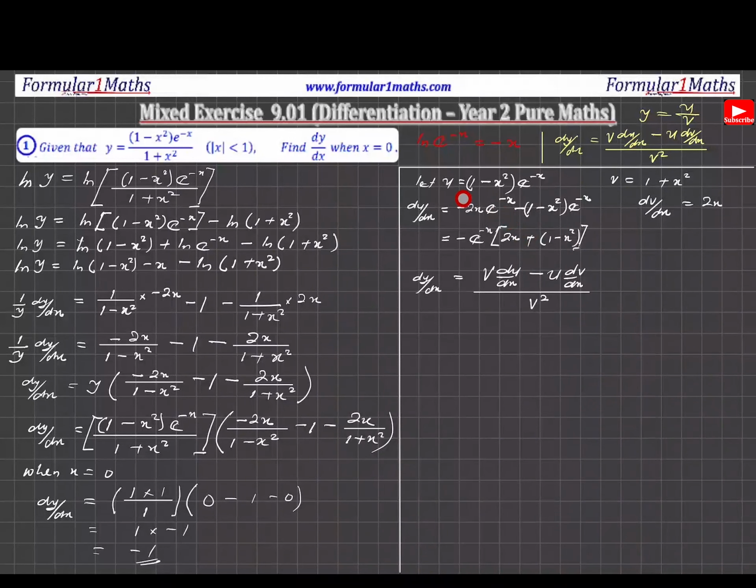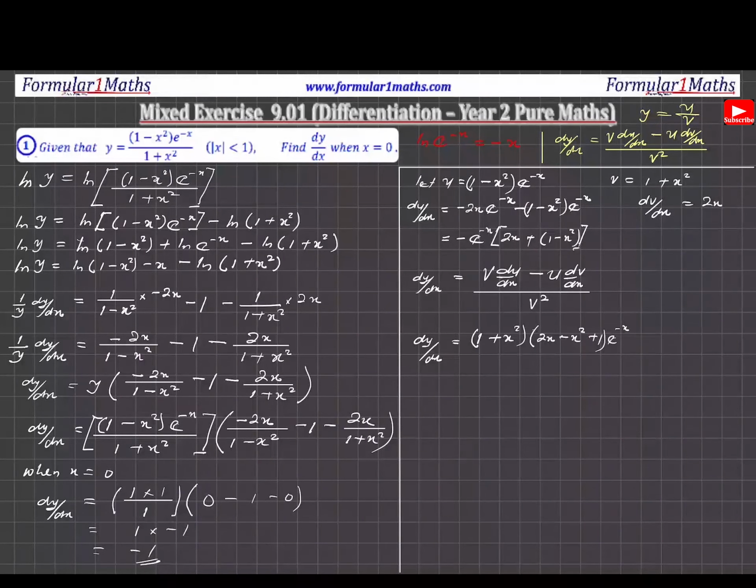Also, u is this, and dv dx is 2x. So if I do my appropriate substitution, dy dx becomes 1 plus x squared, which is v, times all this, which will be 2x minus x squared plus 1 times e to the power minus x.